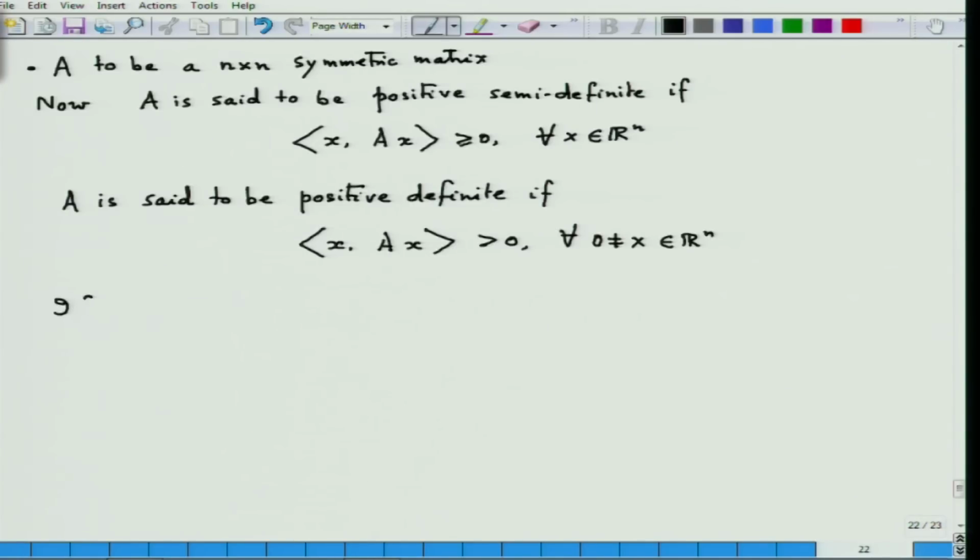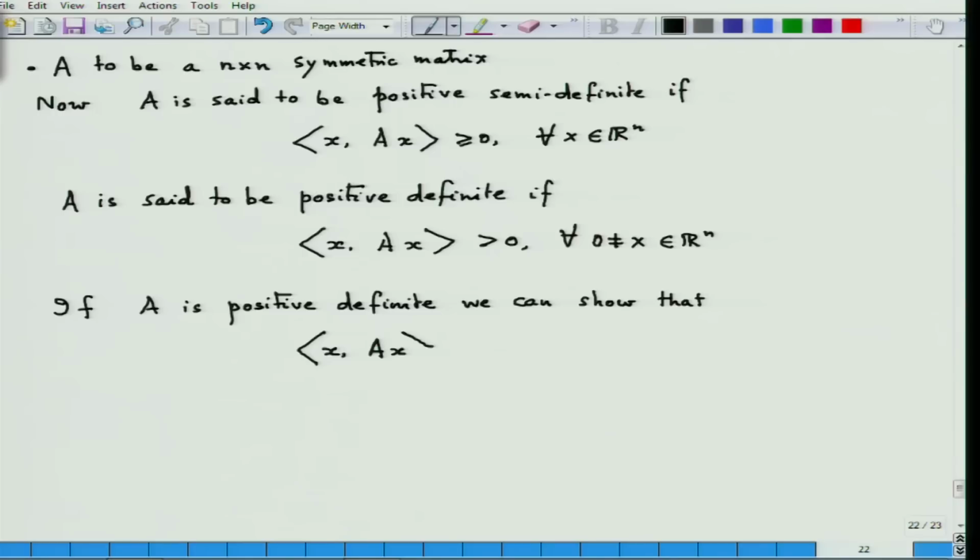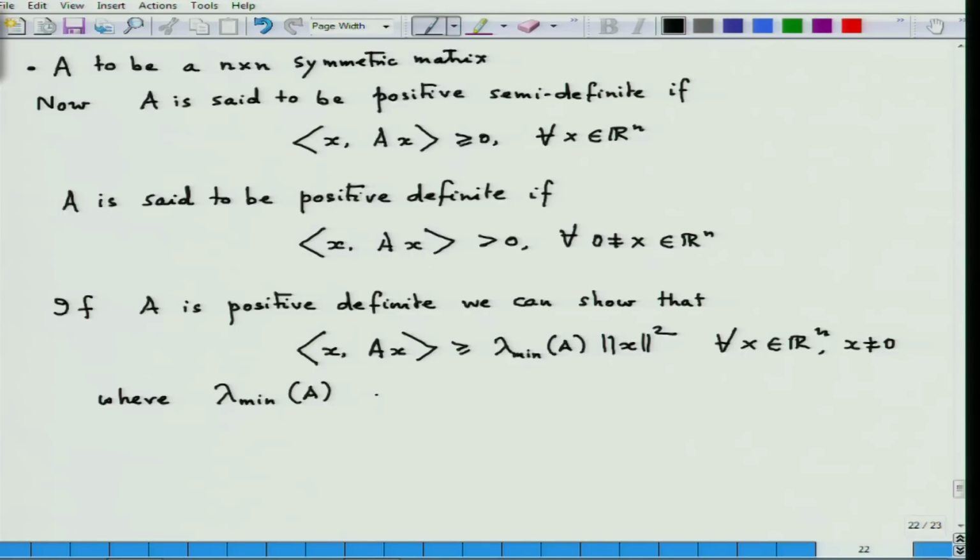In fact, if A is positive definite, we can show that x transpose Ax is at least lambda min of A times the norm of x squared, where lambda min of A is the minimum eigenvalue.